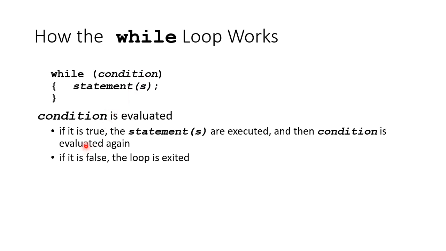If it is true, the statements are executed, and then the condition is evaluated again. If it is true, it goes to the statements again. If it is false, that's the time the loop is exited.